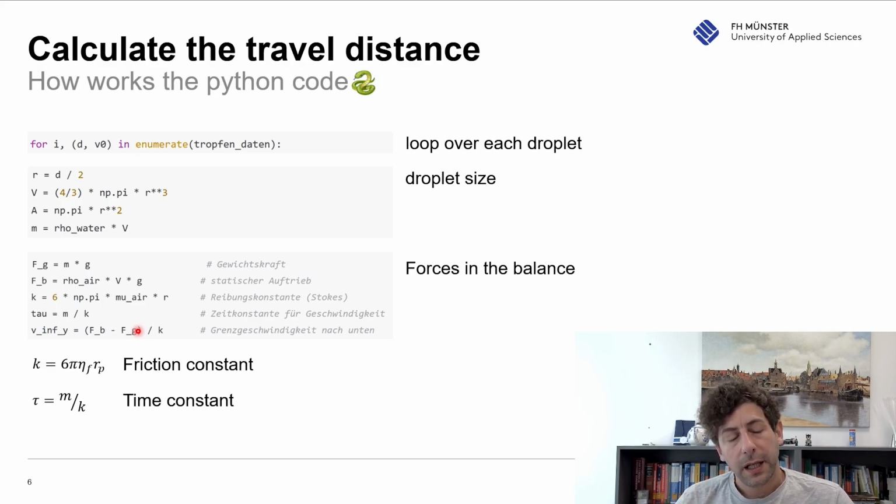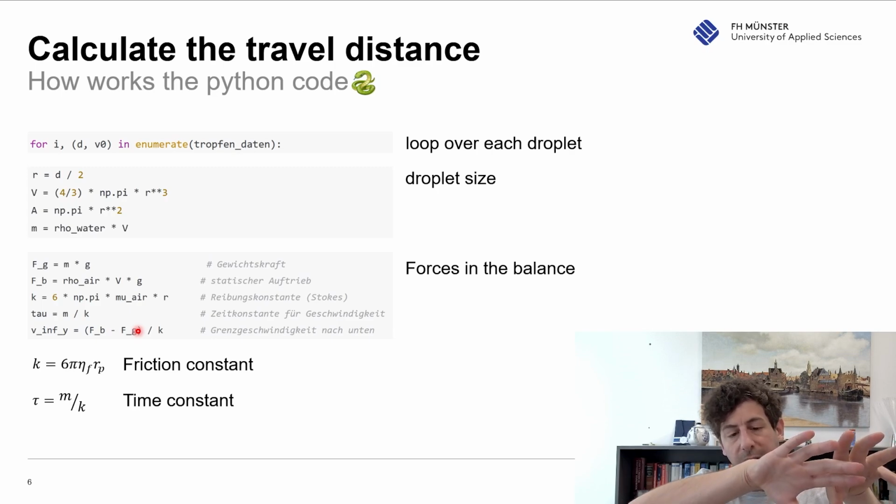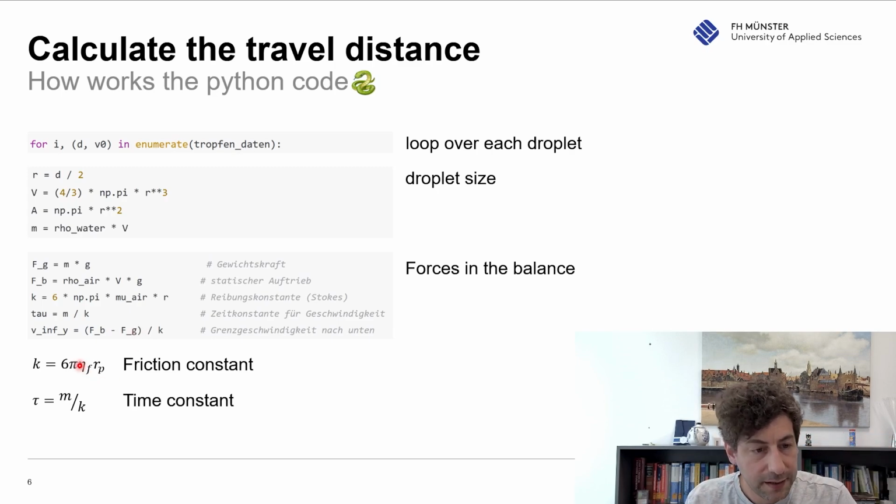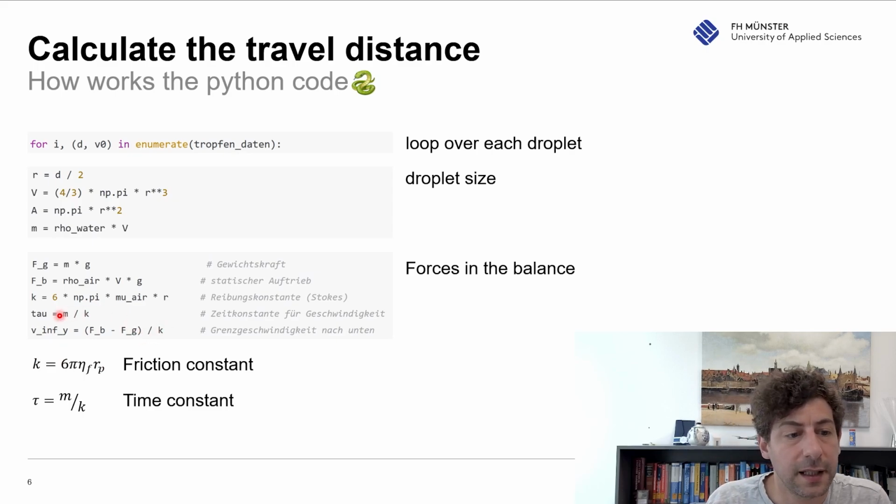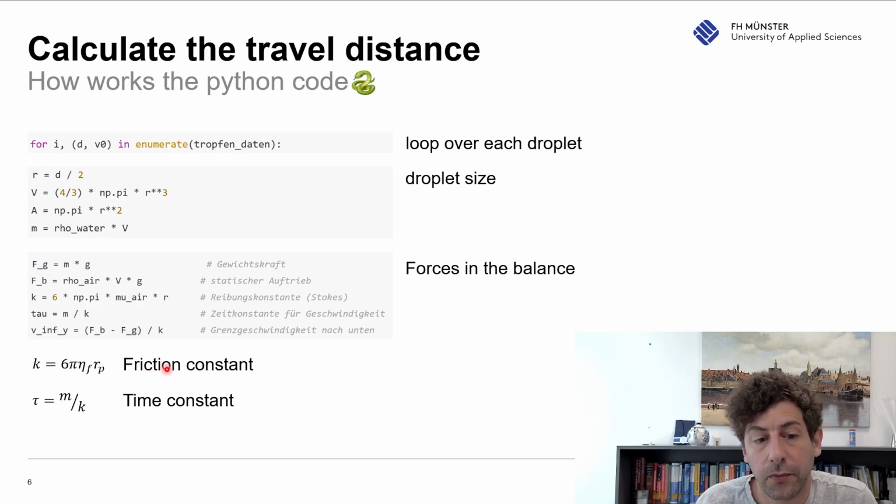Now I just leave the velocity on the left part and I put everything else from the drag force, and this is the friction constant, right? This is all in here times velocity. I just give this the name K and put it on the other side, and then I can calculate the final velocity. So the final velocity is the buoyancy minus gravity divided by the friction constant. And this is why we define the friction constant here.